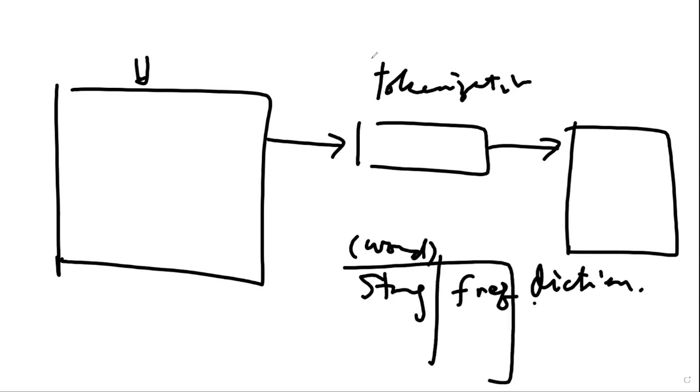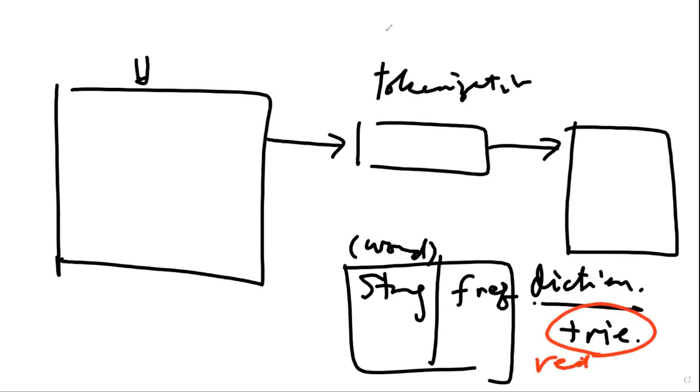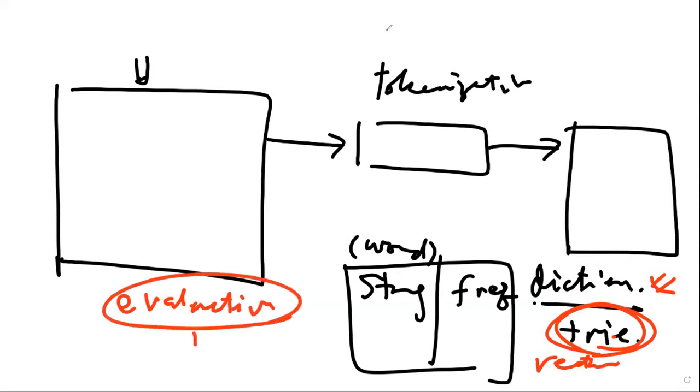But I don't want you to use a dictionary. I want you to build the data structure trie. The reason is that this one is recursive. Dictionary is too simple, you know what I'm saying?